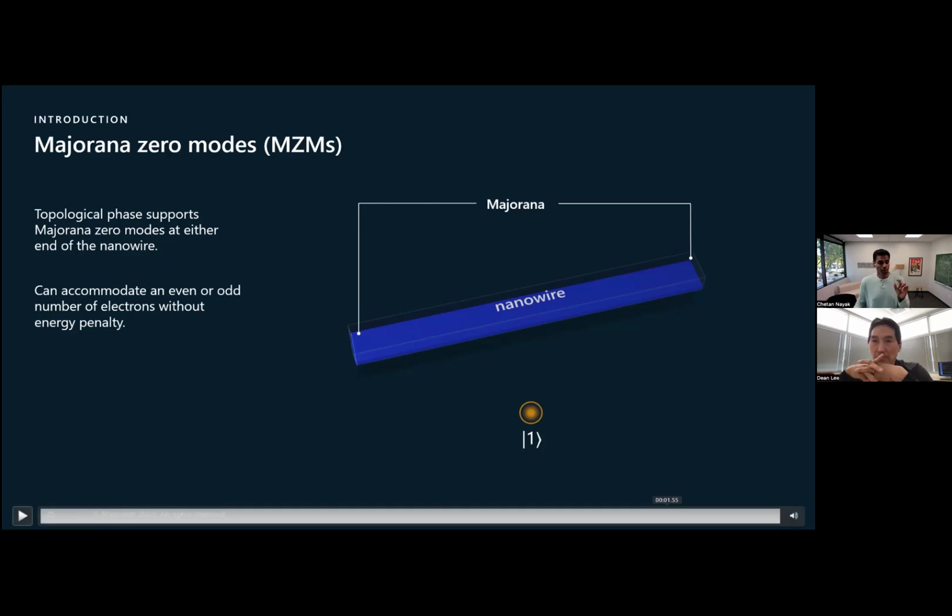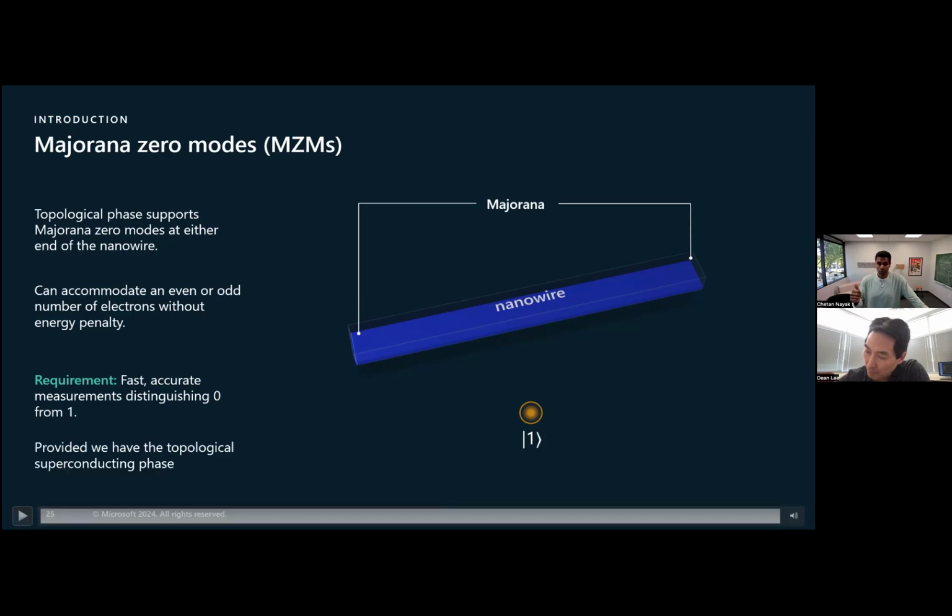So what we need in order to be able to use this for quantum information is some fast, accurate measurements that can distinguish the 0 from 1, that can effectively take the two ends of the wire, bring them together, and check, do I have an even or odd number of electrons? Where again, we're trying to distinguish between 1 billion and 1 billion plus 1 electrons. So that's what we need. And of course, that's provided we have the topological superconducting phase in the first place.